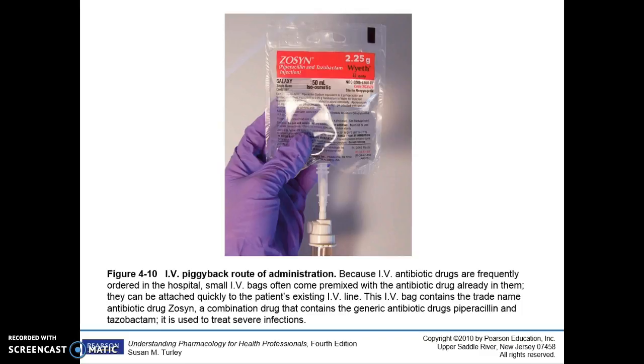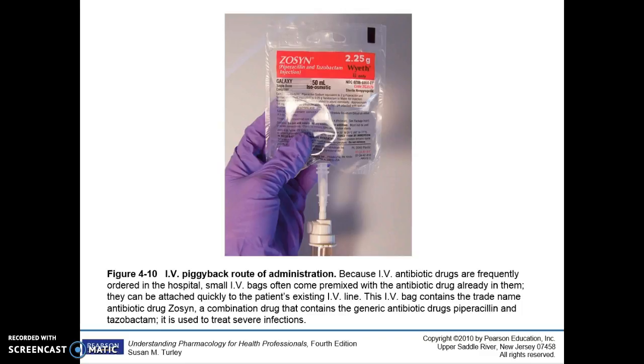This is actually Zosyn, which is kind of interesting because it's in short supply right now. Zosyn is an IV antibiotic used for a lot of folks dealing with serious infections, and a lot of hospitals are really struggling because they can't get this particular antibiotic.